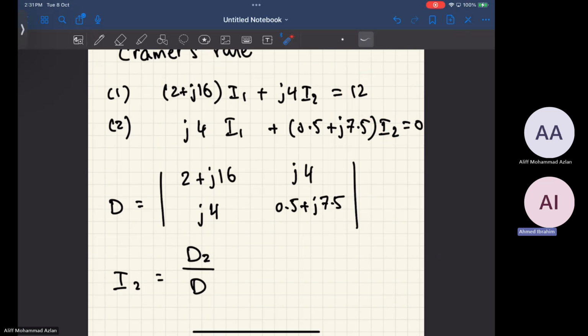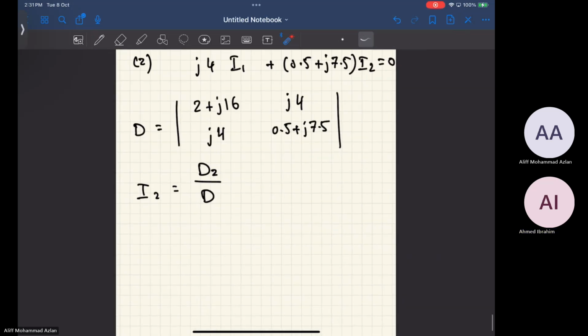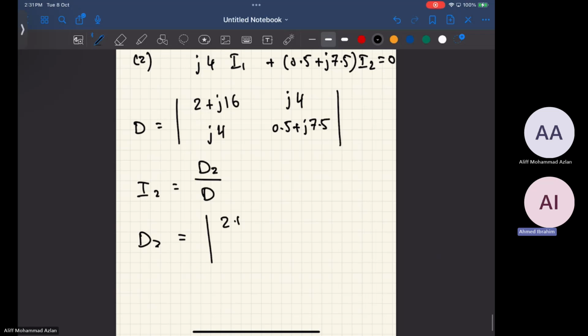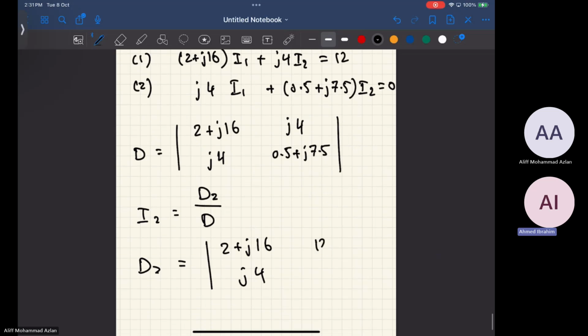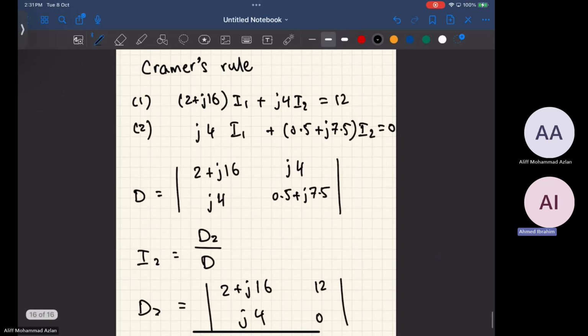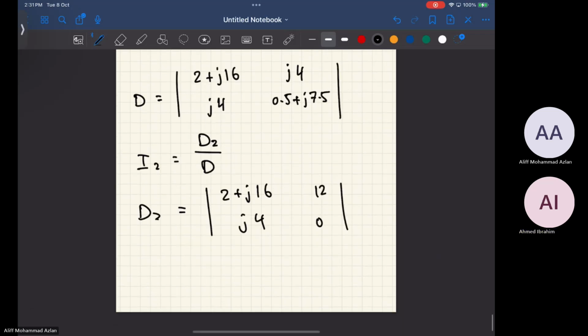So in this case, I2 is on the right, so we substitute these two values with 12 and 0. So D2 is the same determinant, except I'm going to substitute the right column with 12 and 0. Similarly, if you wanted I1, you would substitute 12 and 0 into the first column instead.